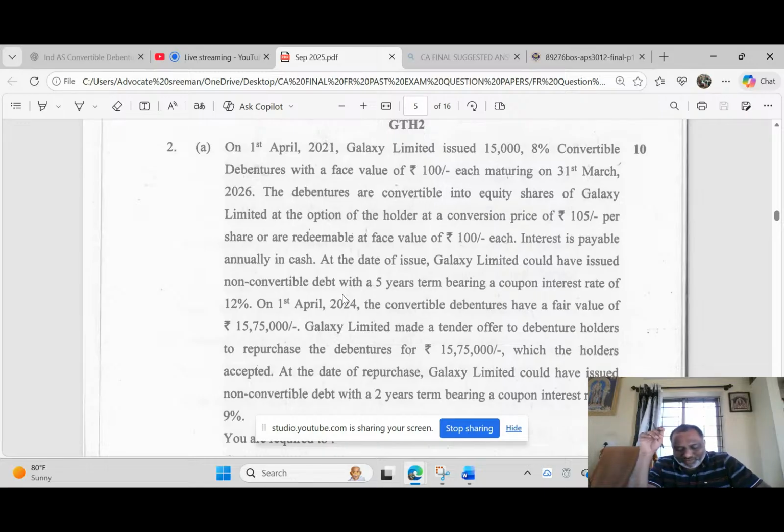So the value is coming 0.567, and the value is 8,51,140.